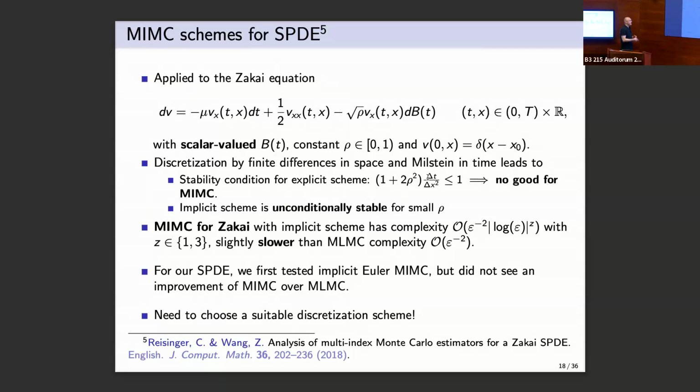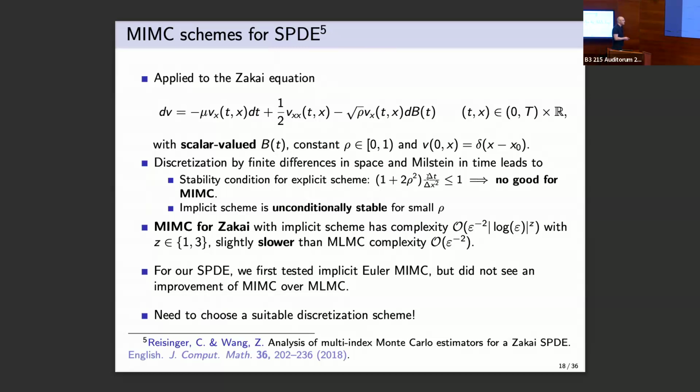So then your time step has to be very small compared to your spatial discretization. And that turns out to be no good for multi-index Monte Carlo, because in multi-index Monte Carlo, you have to allow for one parameter having very fine discretization and the other having very coarse discretization, and vice versa.